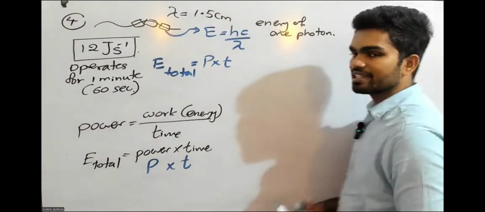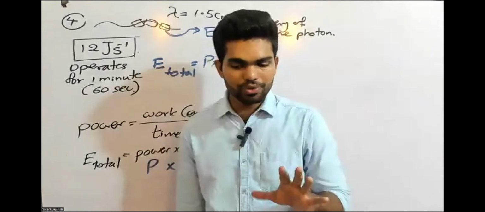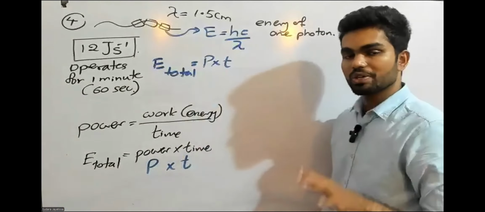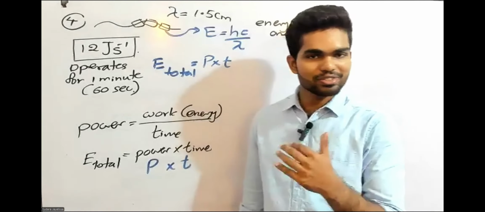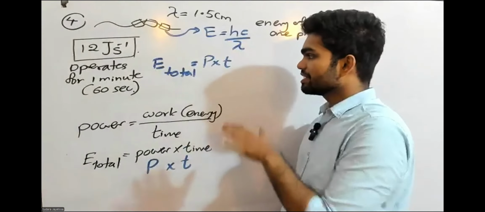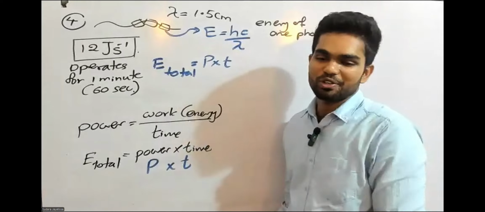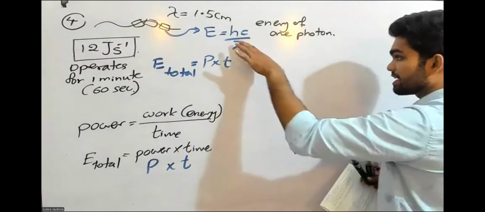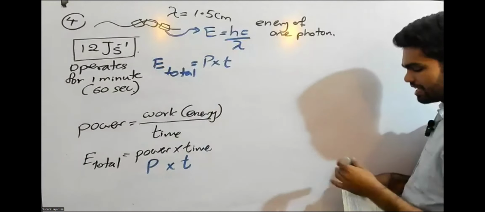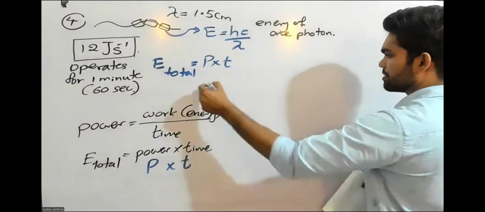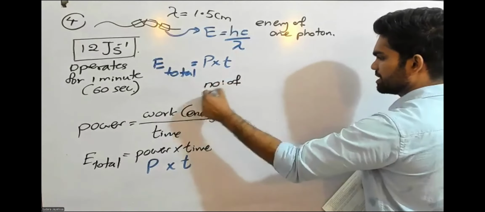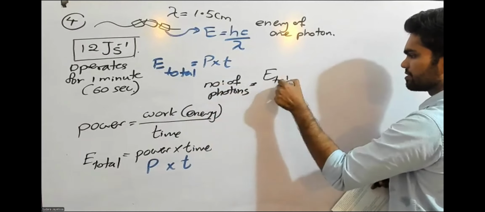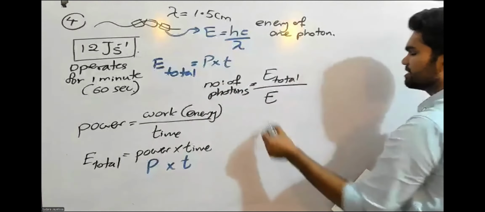Now what they're asking is the number of photons. You know the energy of one photon, and you know the total energy also. So how do we find the number of photons? It's very simple. You have to divide the total energy by the energy of one photon. So the number of photons will be E total divided by the energy of one photon.